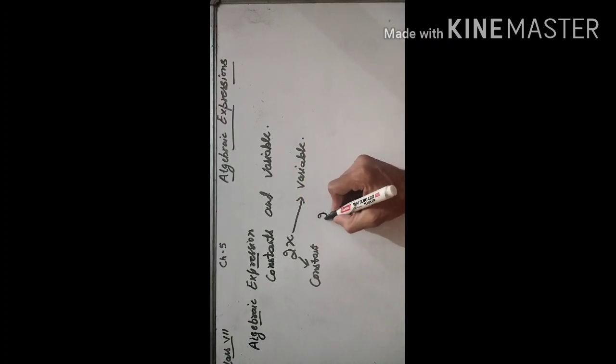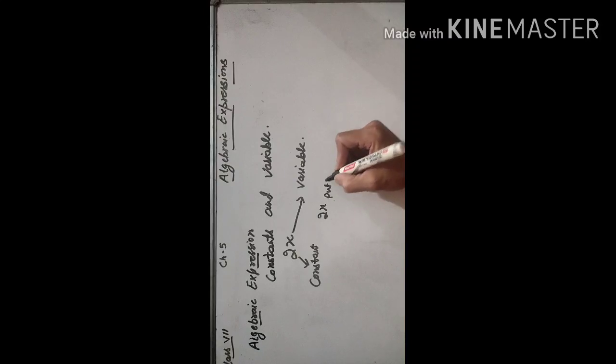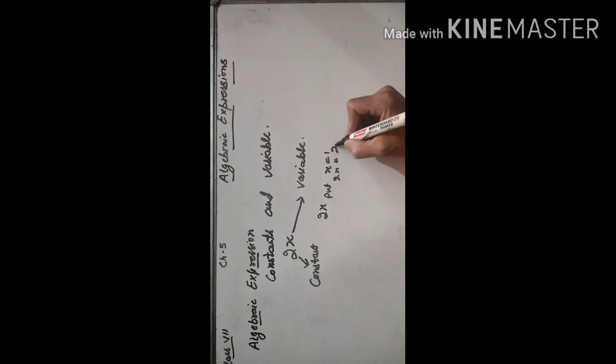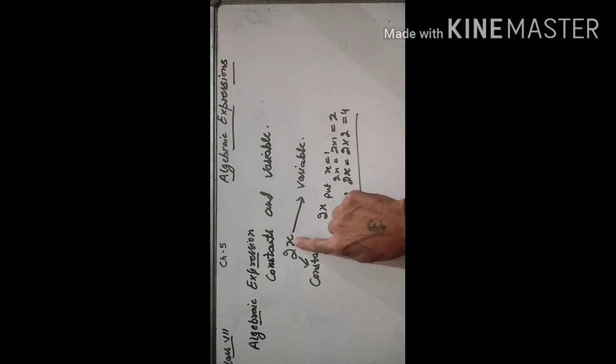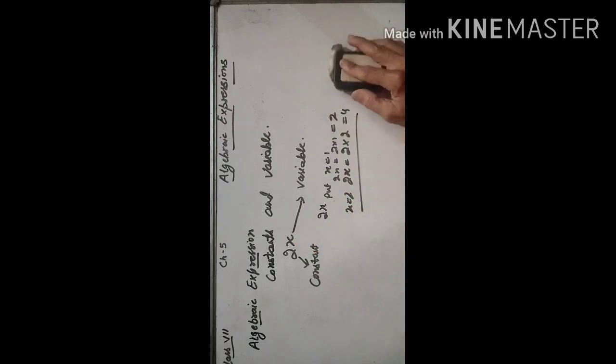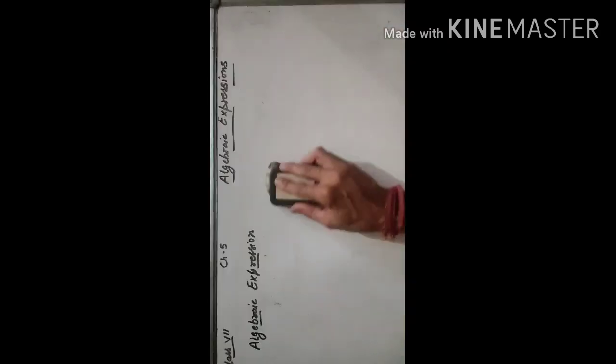Because if I put x is equal to 1, then 2x becomes 2 into 1, that is 2. If I put x is equal to 2, then 2x becomes 2 into 2, that is 4. That means the value of x is not fixed. So this 2x is an algebraic expression, and this is an expression in one variable.